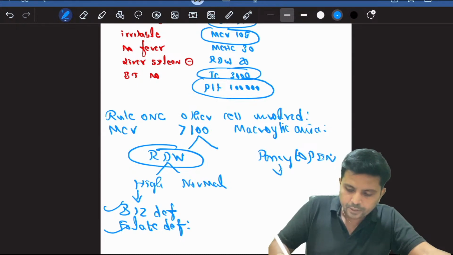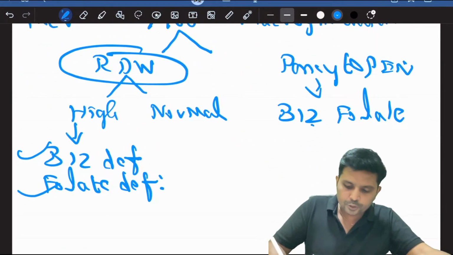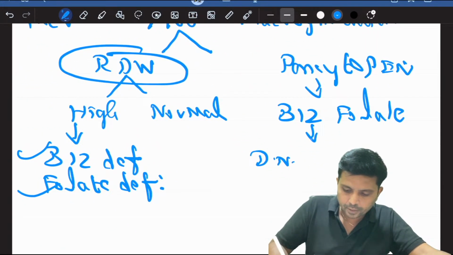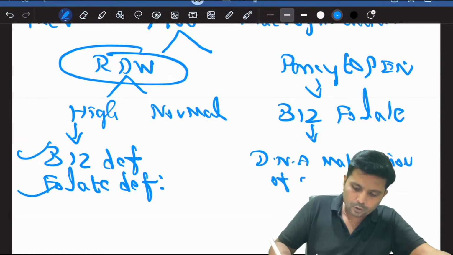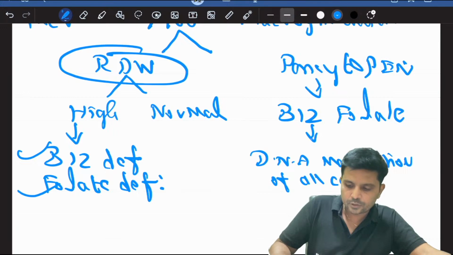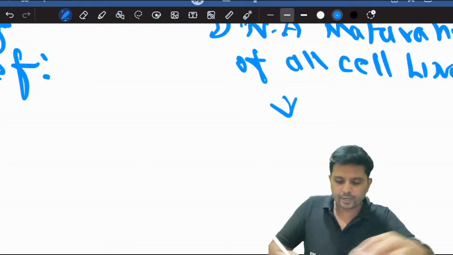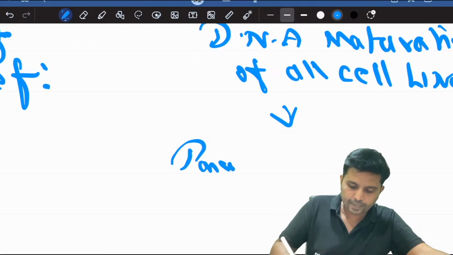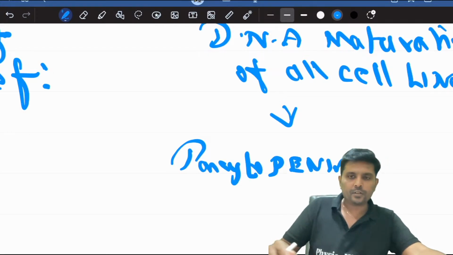Because B12 and folate are required for DNA maturation of all cell lines. That's why you will get pancytopenia in a case of B12 deficiency.